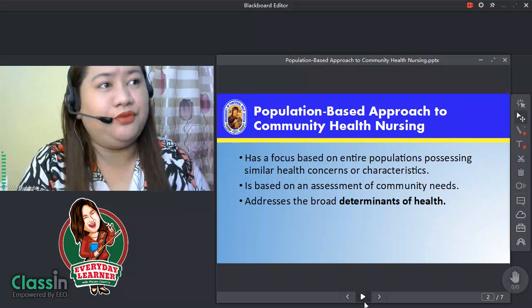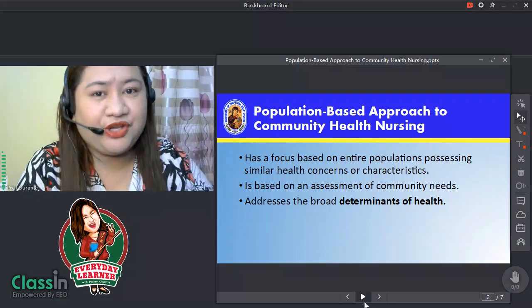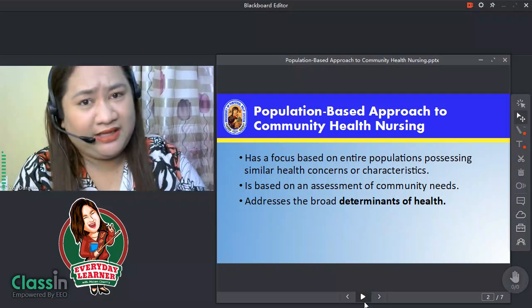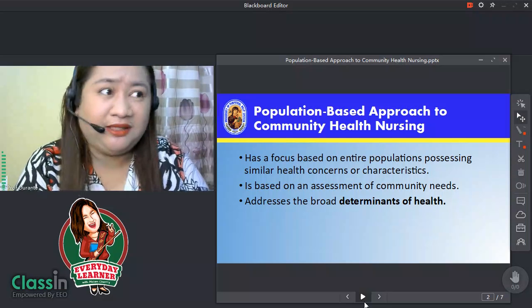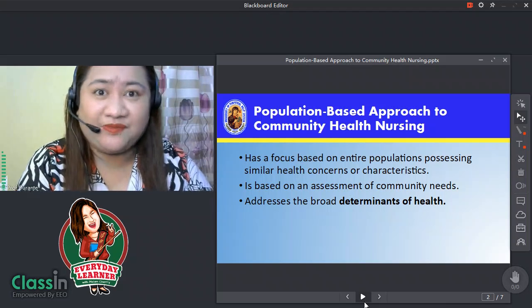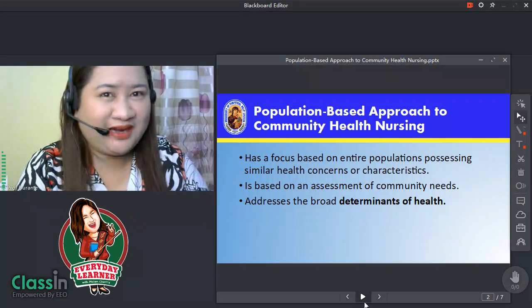For example, you are living in an urban area. So in terms of your community, most people in the community have, for example, a middle or lower middle class socioeconomic status. So that is where your similarities would lie.